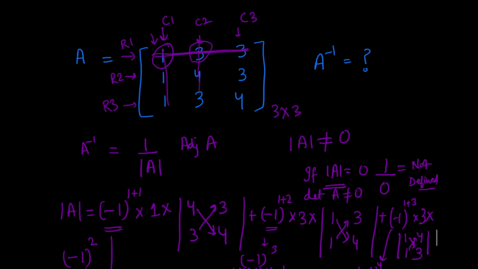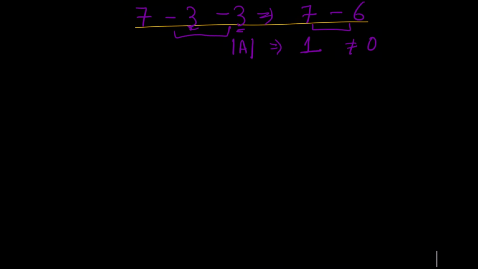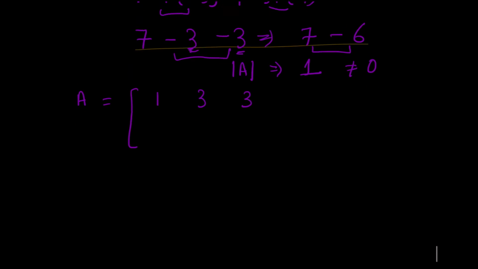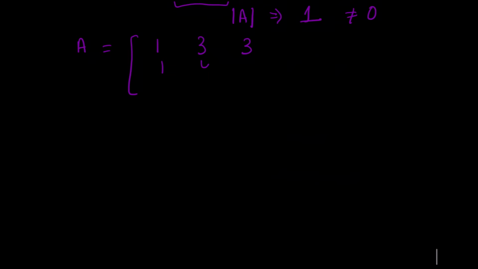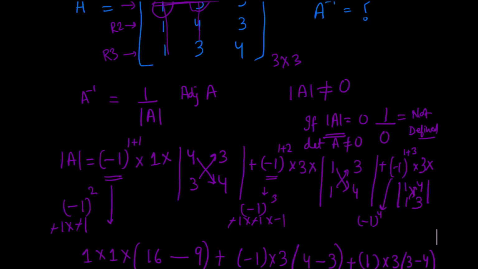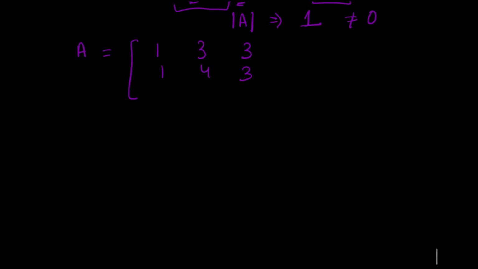So now let's see how to find the adjoint of this matrix. Again, writing back the same matrix: 1, 3, 3, 1, 4, 3 and 1, 3, 4.